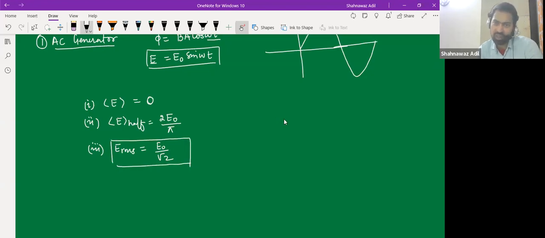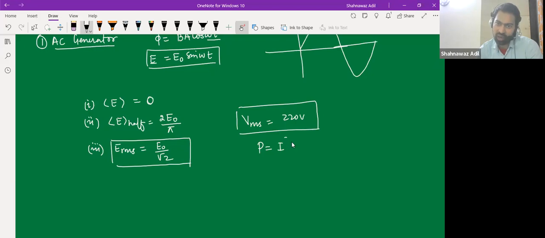Whenever you hear 220 volt supply, that is VRMS that you are getting, right? So always we do the calculation with the RMS values. So power would be I square R, and this is the RMS. Whenever we do calculations in the circuit, we use RMS values, and whenever we do the phasor diagrams, we use the peak voltage. So this we have to keep in mind.